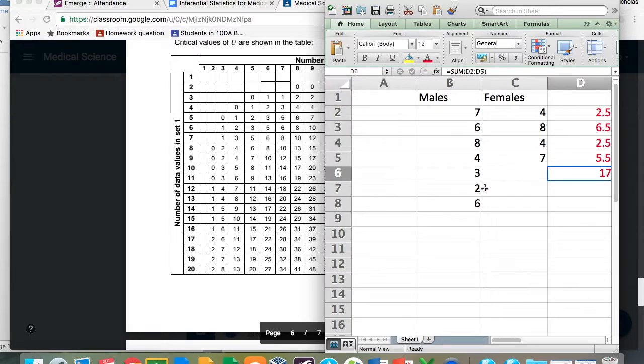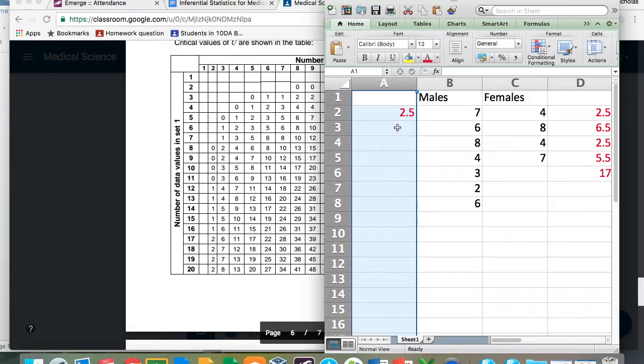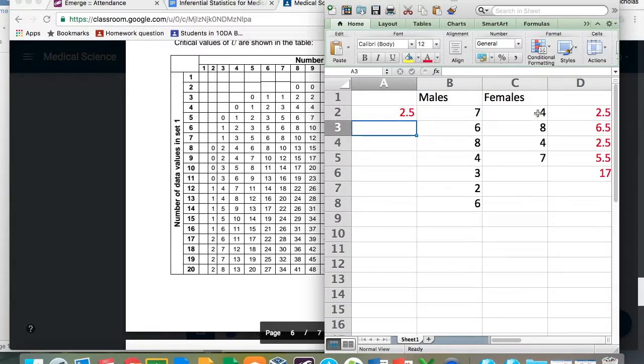So we'll just do the same on this side, just to prove that it does work. So we've got 1 win, 2 wins, 2.5. I'll make that red again. We've got 1, 2 wins for that one. 8, we've got 3.5. 4, we've got 2 draws, so that's 1. 3, we've got 0. 2, we've got 0. 6, we've got 1, 2.